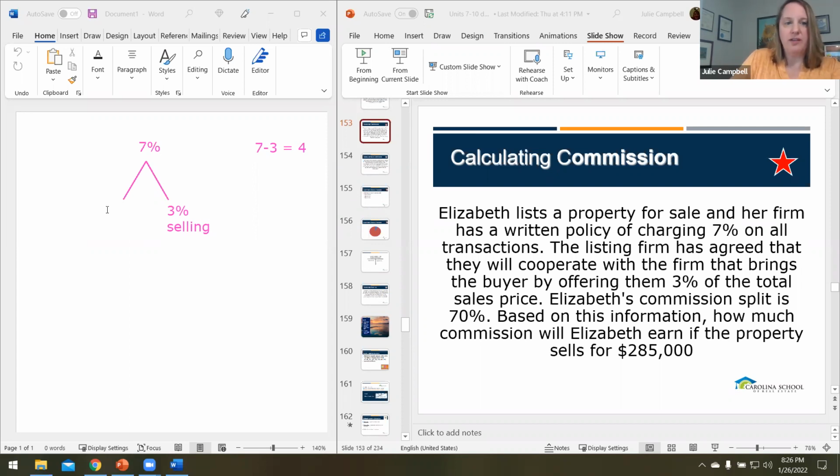So now we have a split of 4% for the listing side. We took the 7% total commission and divvied it. It's not always a 50-50. In this case, the listing side's getting 4%, the selling side is getting 3%.